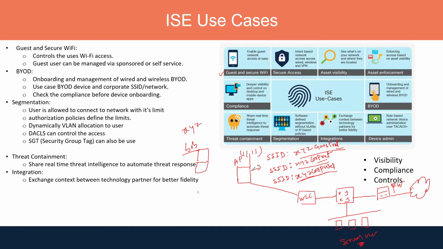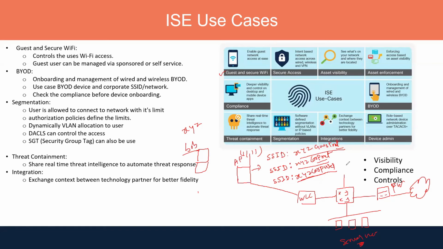It goes to the AP, and it is going to authenticate. Once the user is authenticated, how is it going to decide what the user can access? If you don't have Cisco ISE, he can access everything.